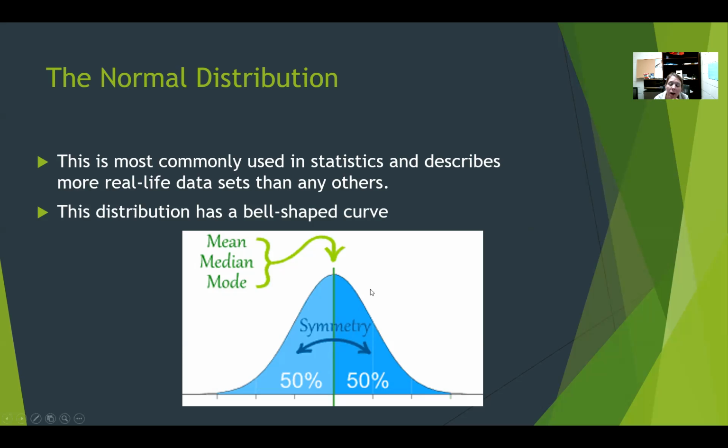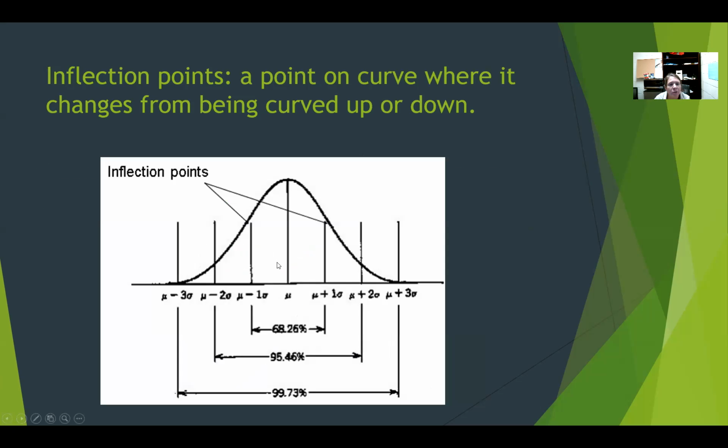We've already talked about how to find the mean in the last chapter, also how to find median, mode, and standard deviation. That's why I do chapters 4 and 5 together, because a lot of this builds on each other. Your inflection points are points on your curve where the curve changes from being curved up to curved down. Here our inflection points are your standard deviations, how far you are from the mean.